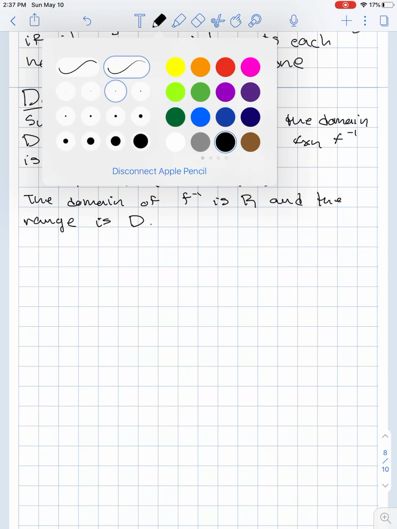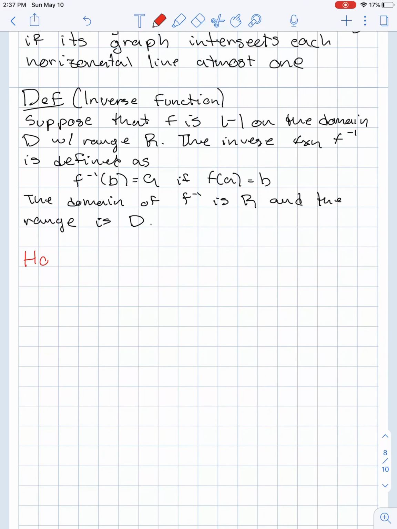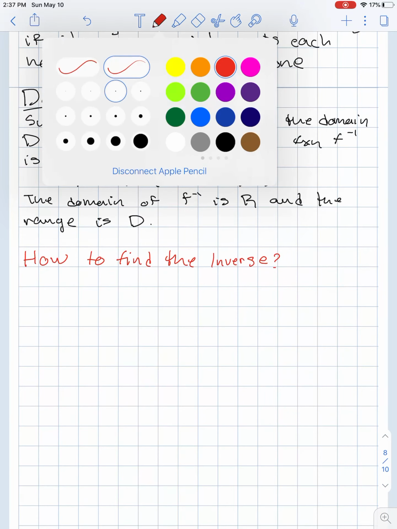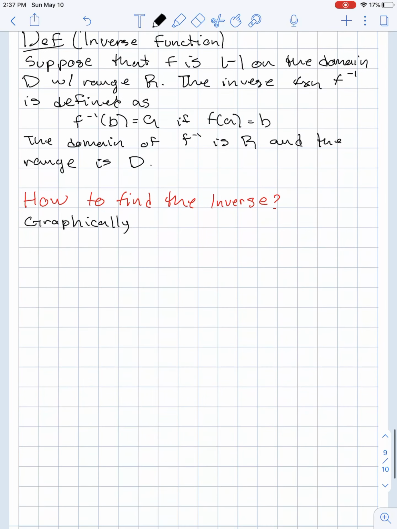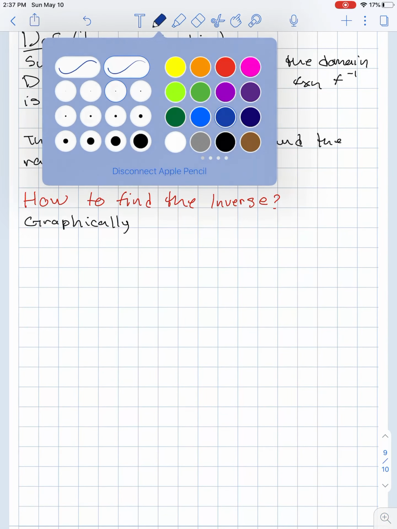How do I find the inverse, though, right? I know all these properties, but how can I find it? Well, if I'm just given a graph, we can talk about it graphically.